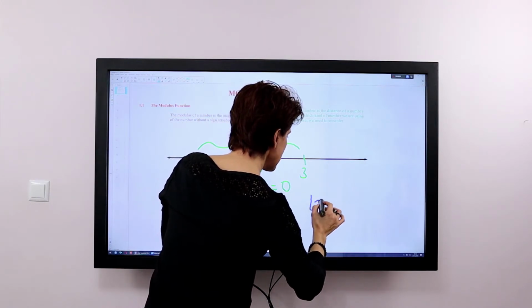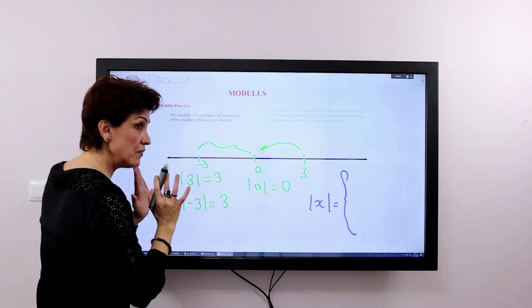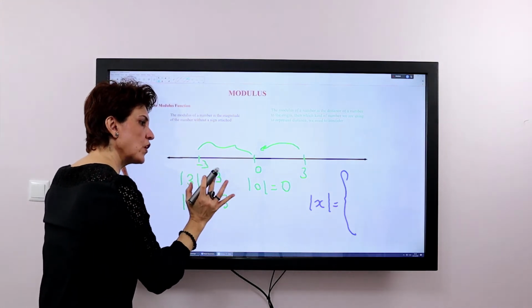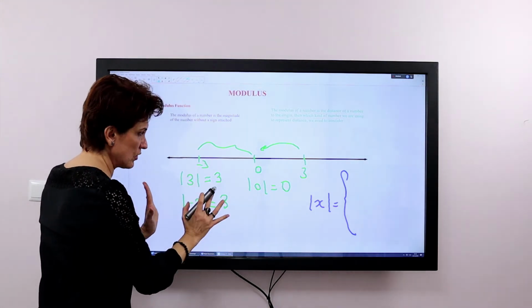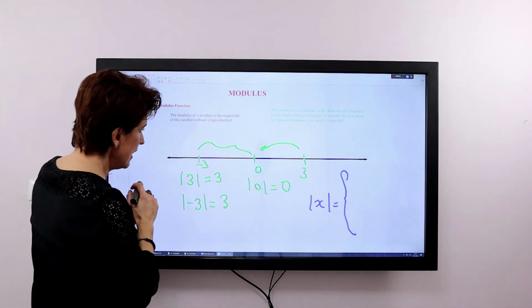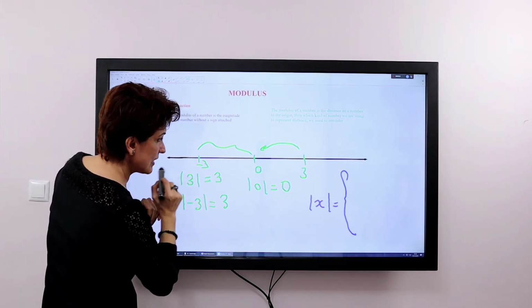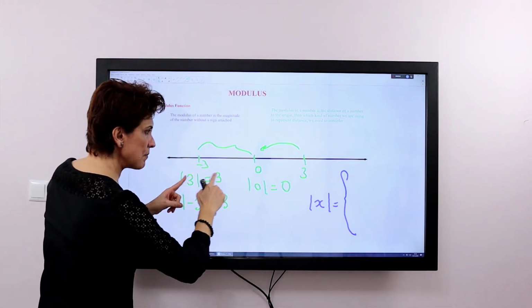We are going to represent modulus x like this. Look at this. Be careful, dear students. If you understand this, it is the heart of our chapter, I mean modulus. If you understand this, it's really easy and you'll like it. Here 3 goes out 3, 0 goes out 0. Same, right?